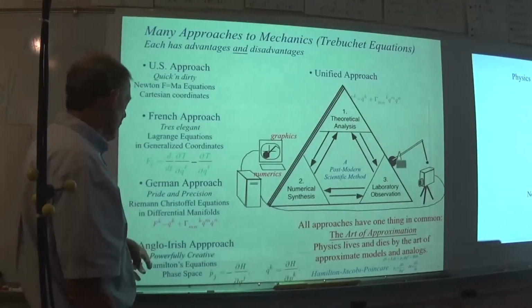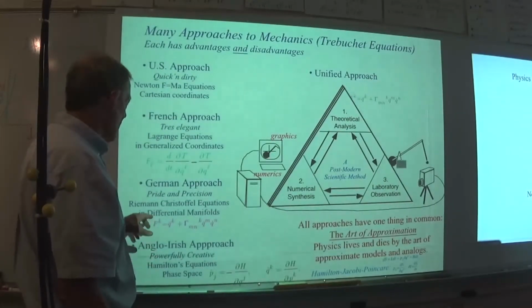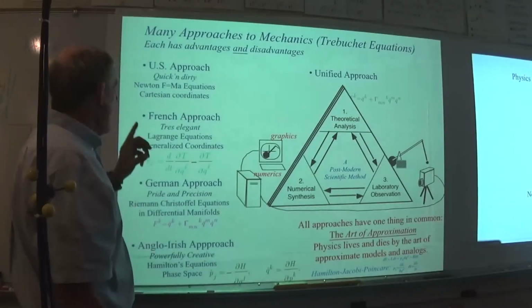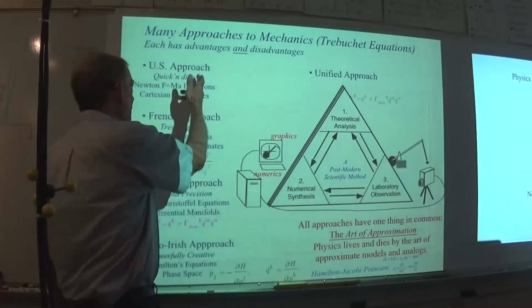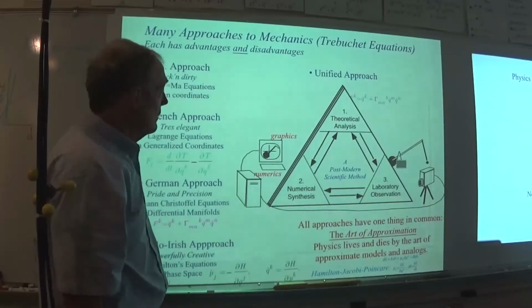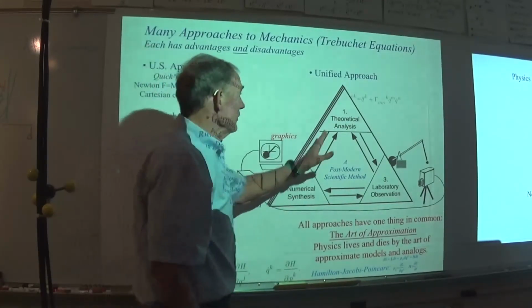So it's French and Anglo-Irish. German approach, which we're going to get to next time. And of course there's Lagrange, the French approach. All right. U.S. approach, quick and dirty, F equal ma is kind of what we were doing just a few minutes ago. Anyway, that's theory. That's this stuff.